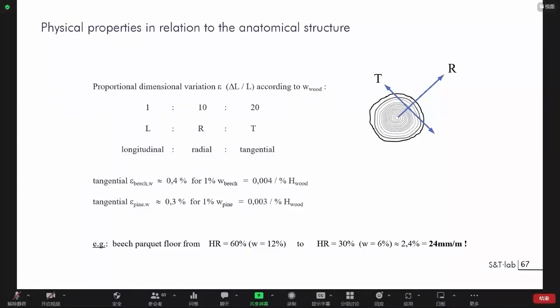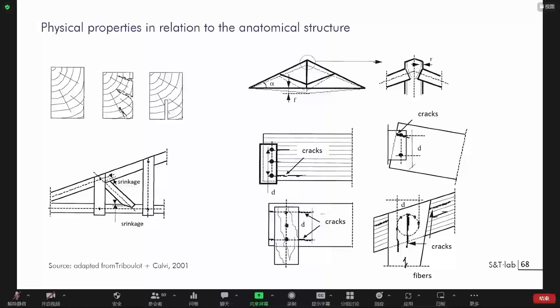This problem also appears in structures. You know that timber is drying with time. This drying will produce cracks in timber, and these cracks will change the mechanical properties of the section.